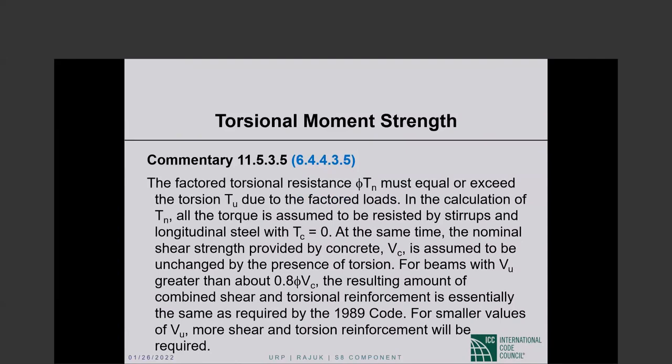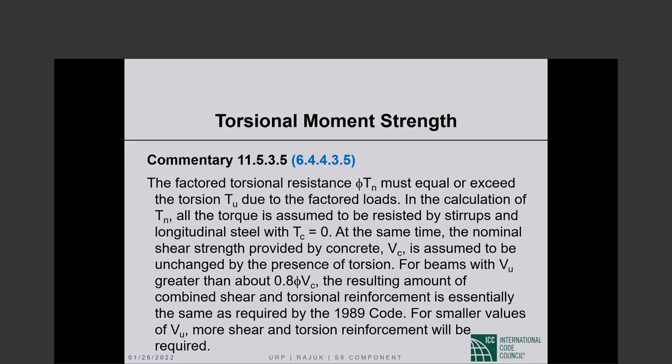Now in the calculation of T sub n, all the torque is assumed to be resisted by stirrups and longitudinal steel with T sub c equal to 0. This I said at the very beginning. This is the basis of the torsional design procedure in 318, the thin wall tube analogy. At the same time, the nominal shear strength provided by concrete, V sub c, is assumed to be unchanged by the presence of torsion.